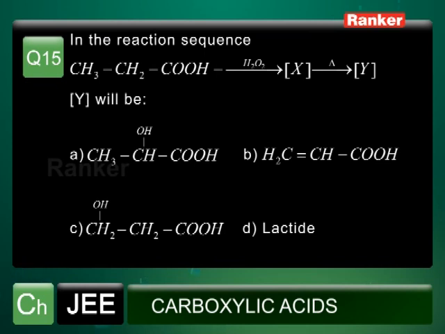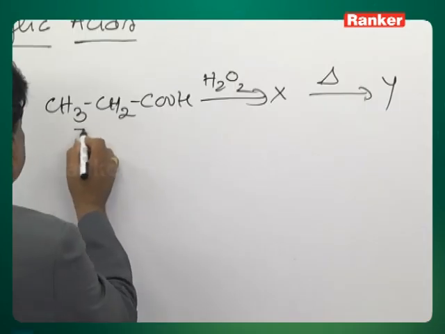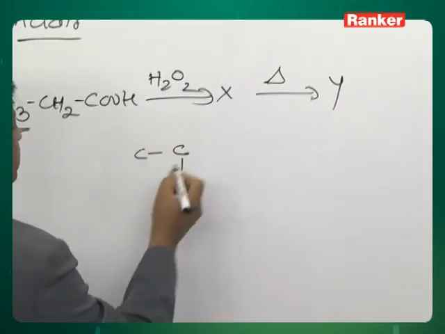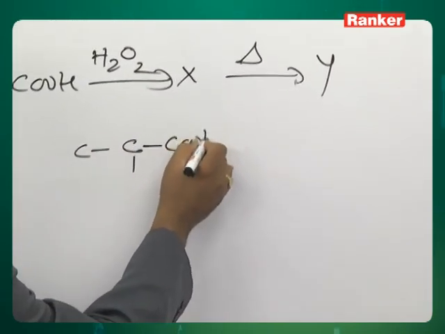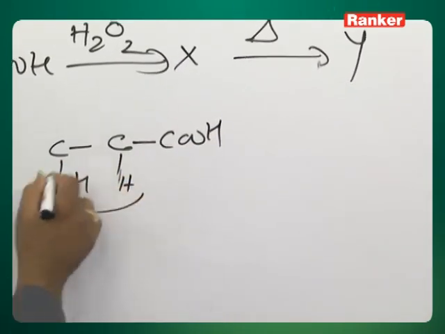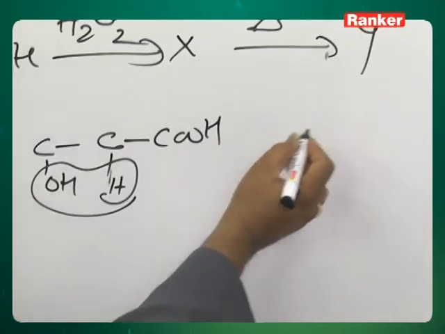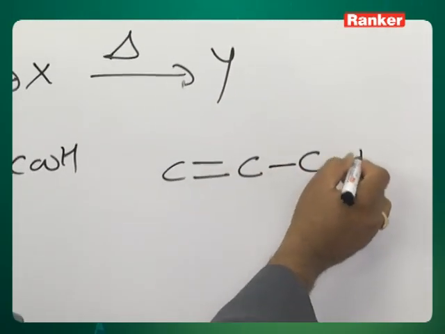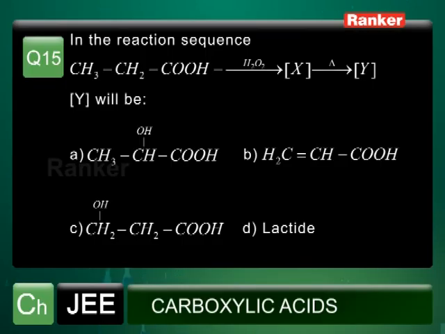So, in this reaction what is happening, the hydrogen peroxide goes to the beta carbon, so the beta carbon undergoes a hydroxylation. This then undergoes decarboxylation. So, Y must be an unsaturated carboxylic acid. So, that is the right answer.